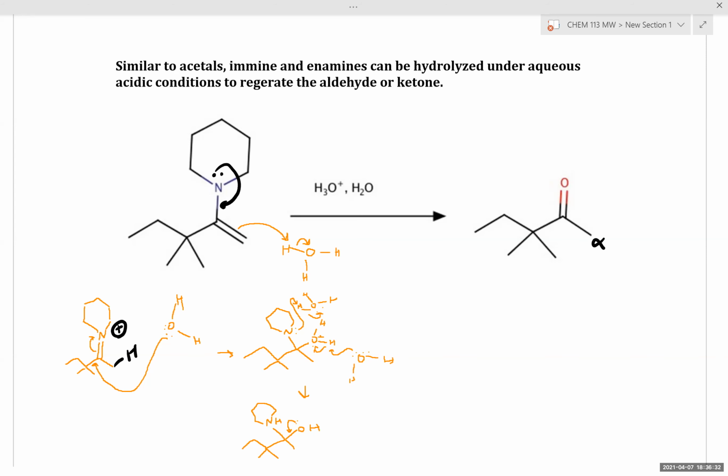So now that we protonated nitrogen, we have a much better leaving group. So then our lone pair on oxygen can be kicked down. We lose our amine. And all we have to do now to get our neutral isolable ketone is to just deprotonate our oxygen.